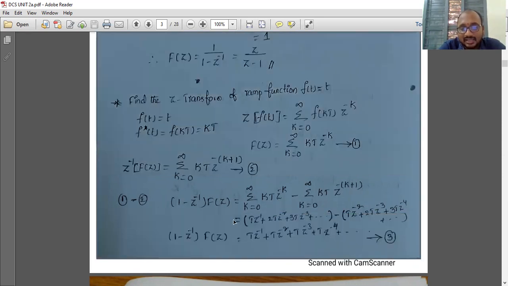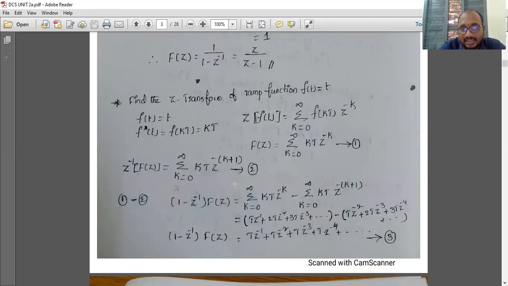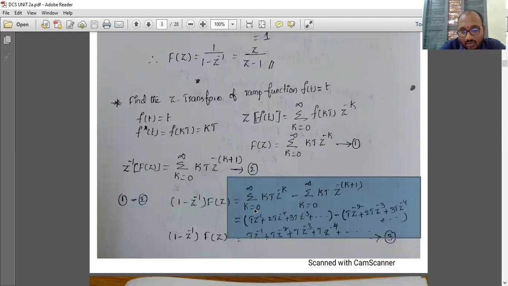Again expand the series here. If you expand the first term, put k is equal to 0, 1, 2, 3 and so on.